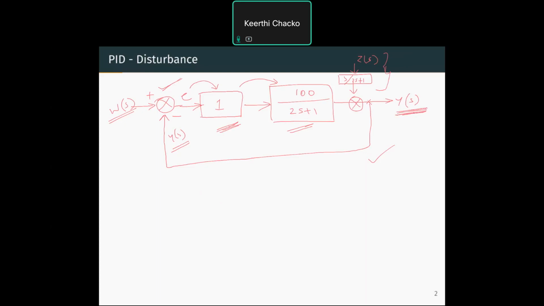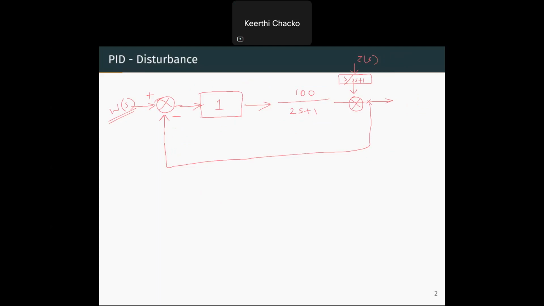So when W(s) is equal to 0, how this disturbance affects our output.